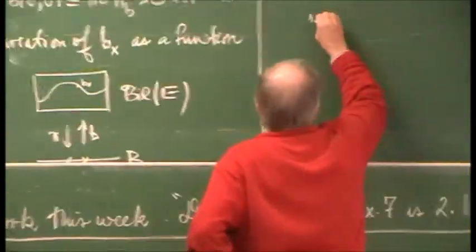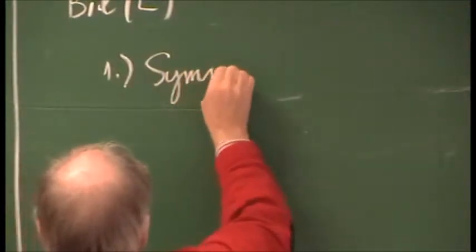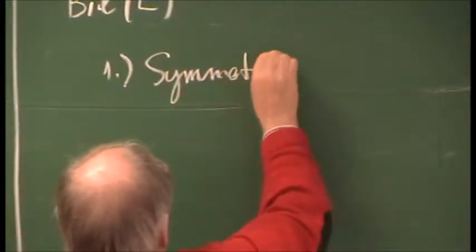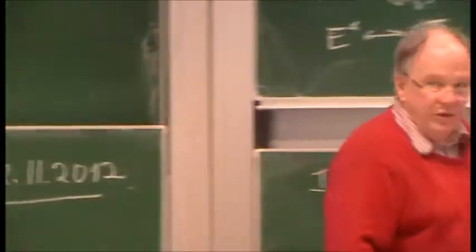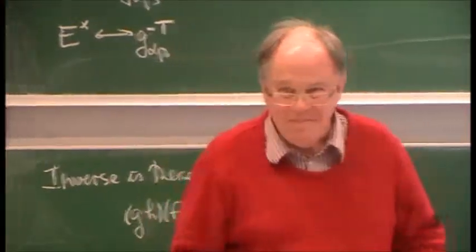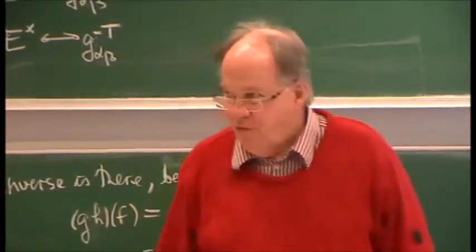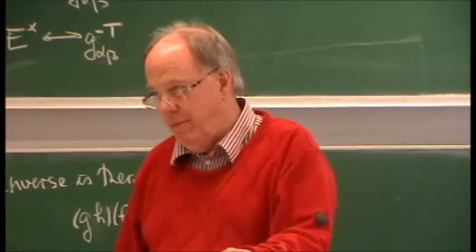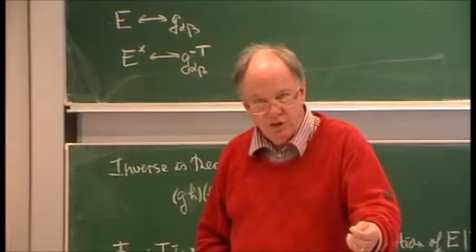Well, the first property is symmetric. This, I claim, is a good property. Why? Because the space of bilinear forms is a vector space, right?